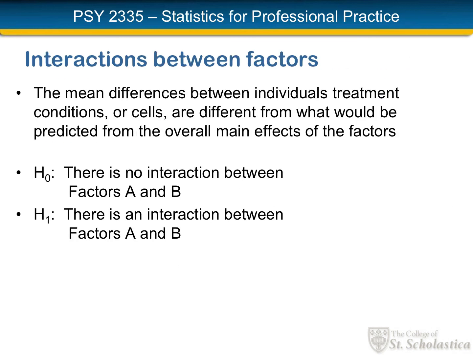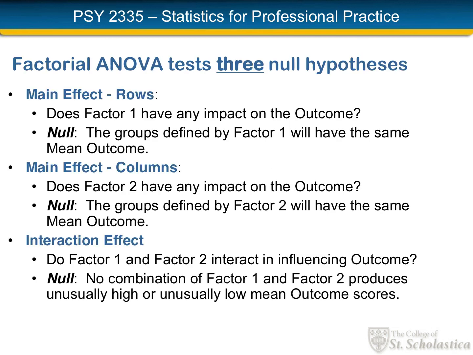Our null hypothesis for the interaction is simply that there is no interaction, and the alternative hypothesis is that at least one combination of factors A and B has an especially strong or especially weak outcome, and neither of these can be stated as equations. So we can see that our logic will be to test 3 null hypotheses. One main effect in the row: does factor 1 have any impact on the outcome?